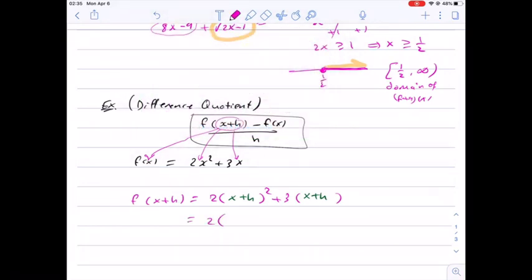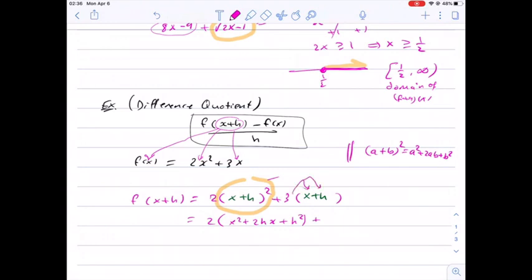Now we simplify. We need to expand this expression, but we know that a plus b all squared is a squared plus 2ab plus b squared. So we apply it here. So x plus h all squared is x squared plus 2hx plus h squared.